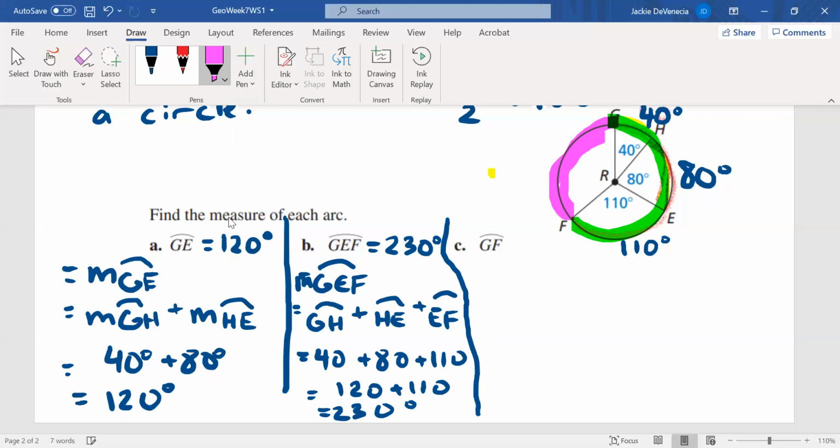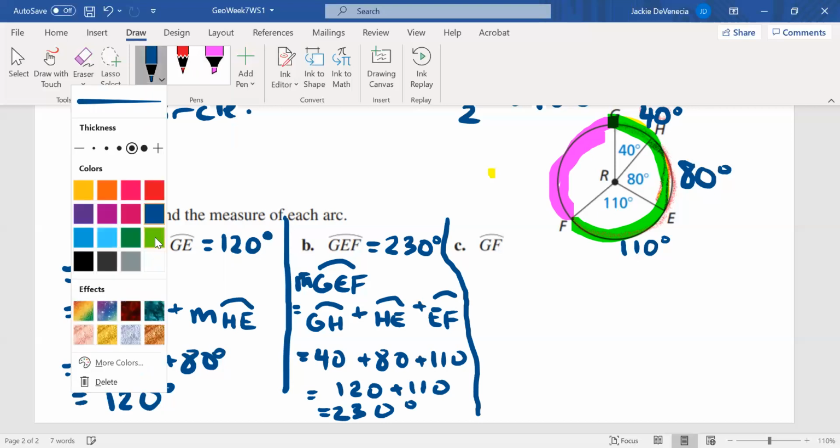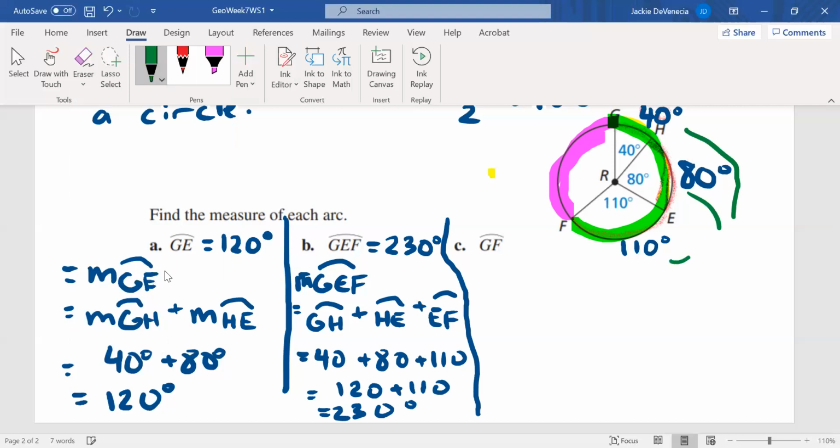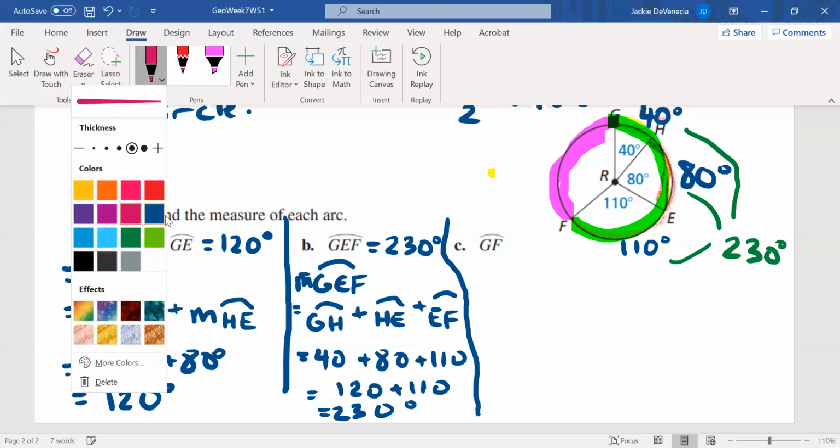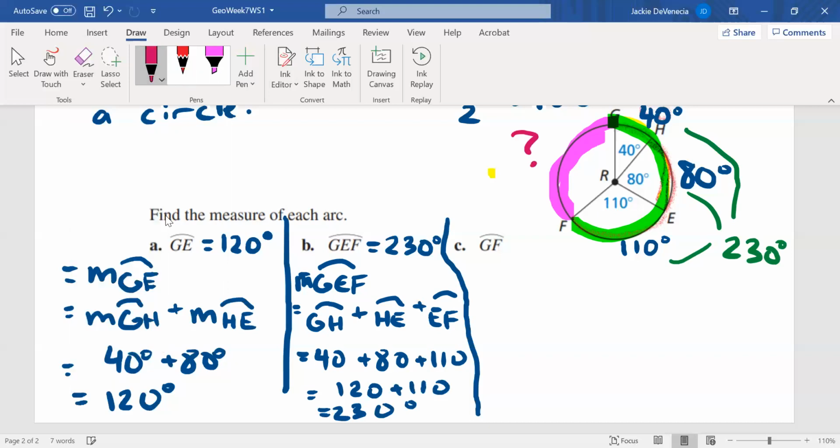I already know that this green arc, GEF, is 230. So now I'm trying to find this one right over here.